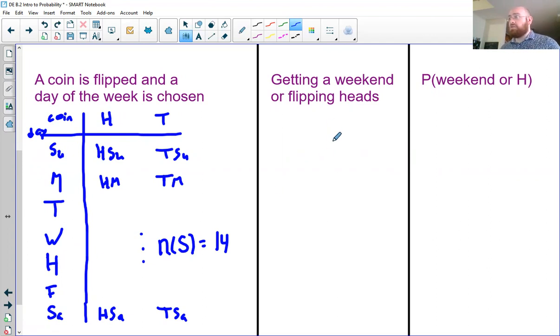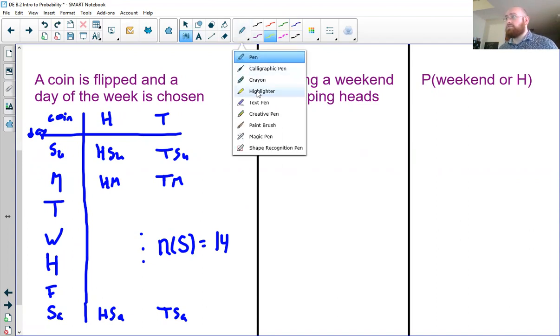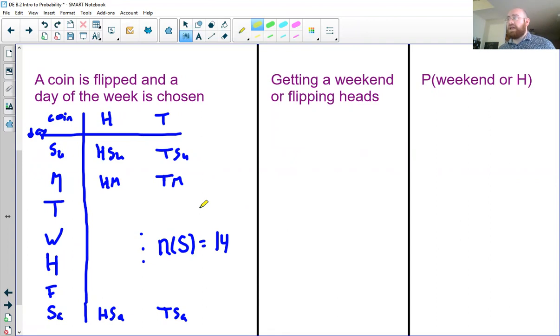So getting a weekend or getting heads. So I'm going to highlight all of the ones that have a weekend or a head. So there's this one, this one, this one. If we were to continue down the line, we would have all of the ones for heads that we didn't write, plus the 2 for Saturday, which is a weekend. Because this says or, as long as one of those things is true, it's still true.